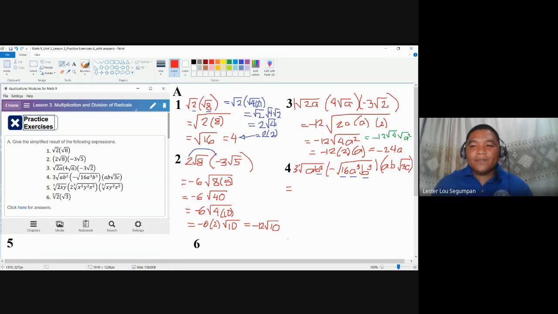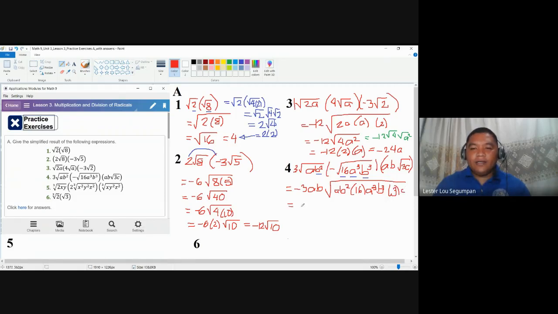So 3 times negative 1 is negative 3 times ab on all the coefficients outside. So you have negative 3ab. And then you combine them into one square root. You have ab squared times 16, a cube, b cube, times 3, and then c.